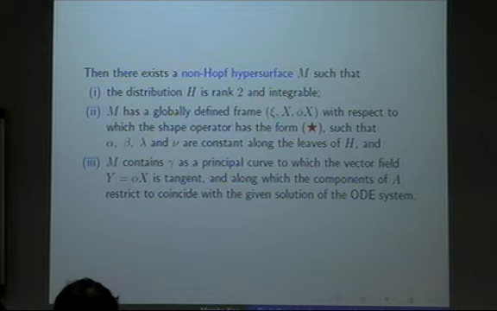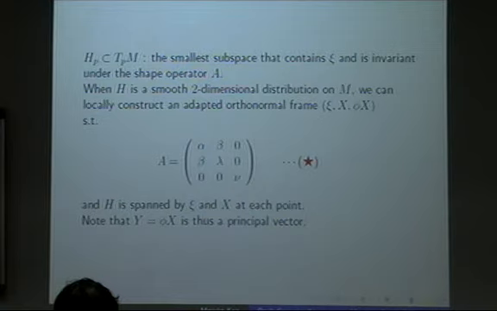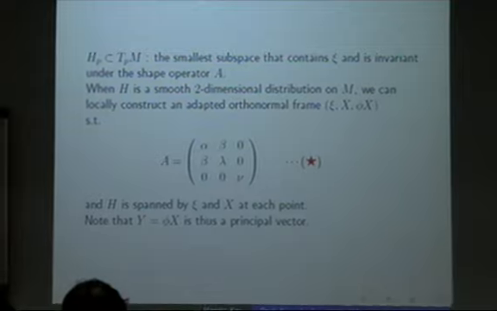I think this example is very interesting because this matrix always appears when I compute the hypersurface.